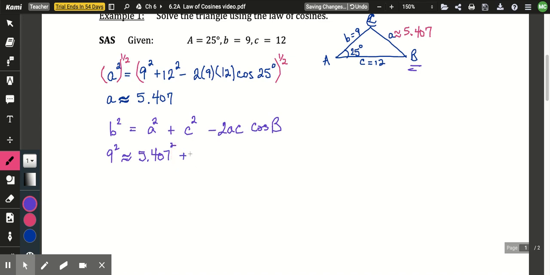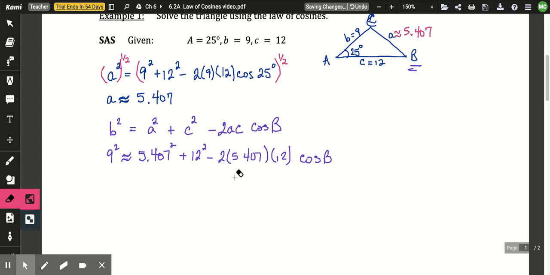I've got c squared, so that's 12 squared, and minus 2 times a times c, and then cosine of angle B. All right, so this time my unknown quantity is that cosine of B.